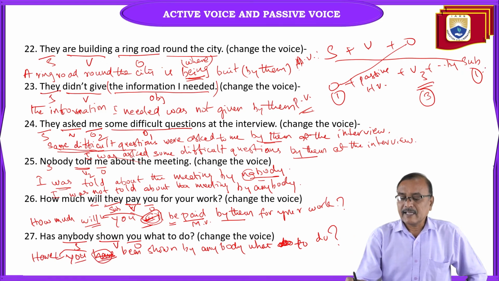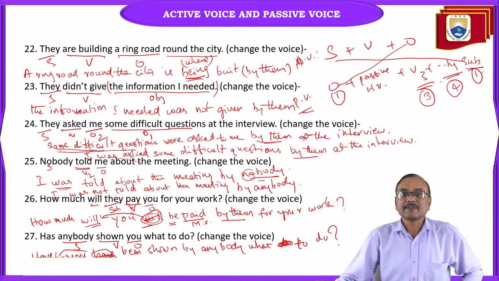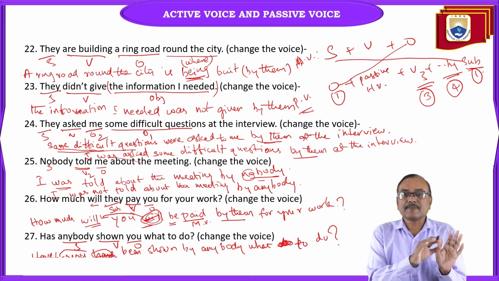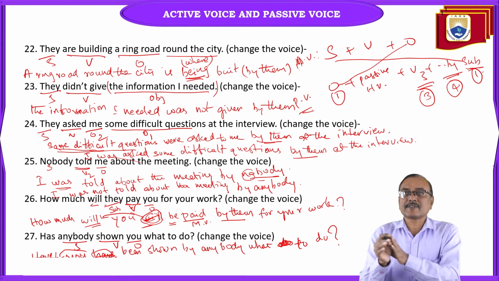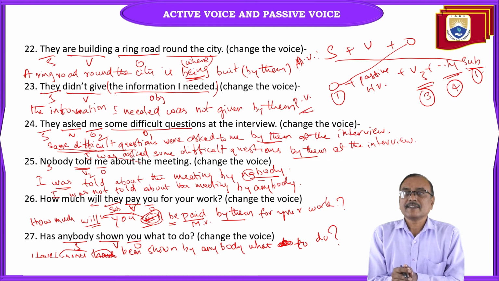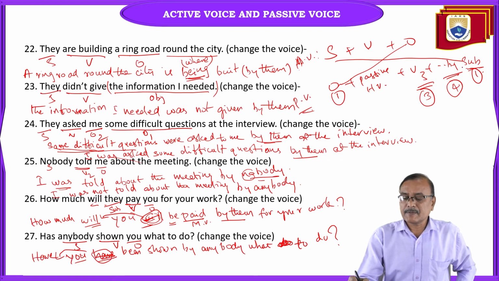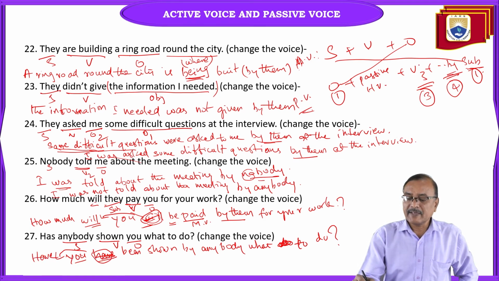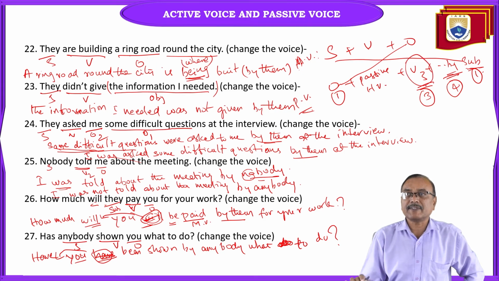Next, remember the subject in passive voice is preceded by "by". This is also common for all tenses. Subject goes to object position, object goes to subject position, and this subject is preceded by "by", and the main verb in passive voice is always V3 form.